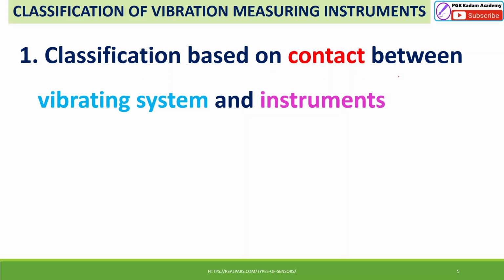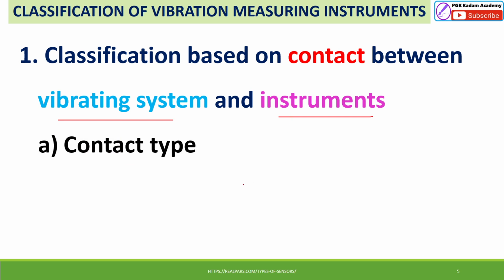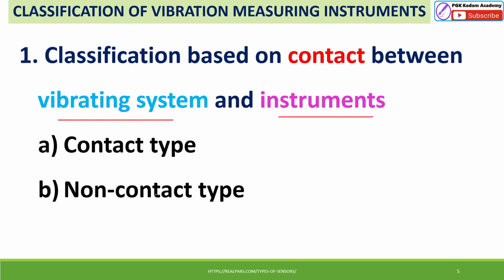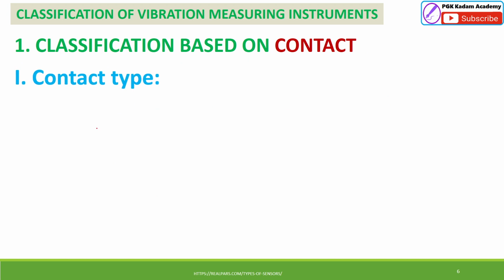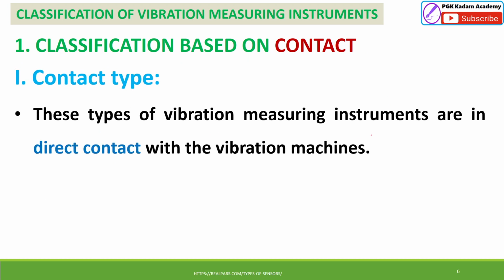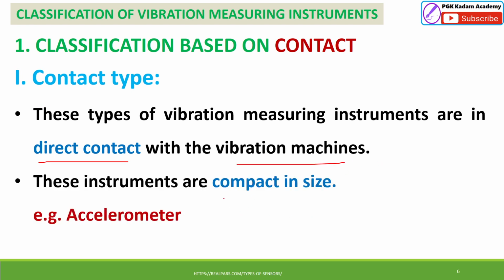In the contact between the vibrating system and the instrument, there are two types: contact type and non-contact type. Contact type vibration measuring instruments are in direct contact with the vibrating machines or structures, and this equipment is very compact in size.